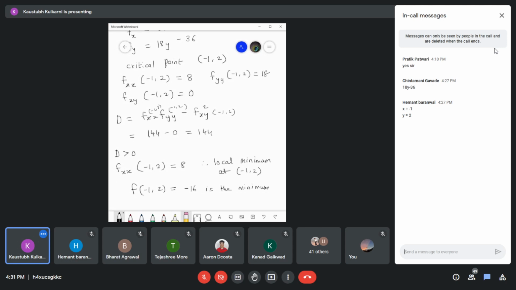And see, so any questions, any doubts up to this point? Yes, actually yes, minus 16 is the global or the absolute minimum.